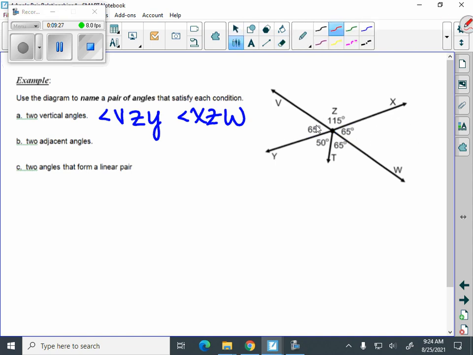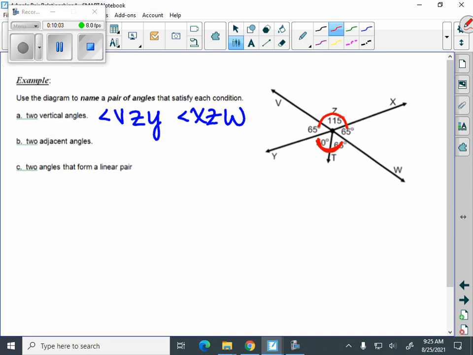If you look real close on this angle here, which is VZX, and VZX, let me see if I can do better there. Still a little bit of smartboard issue. Is the same amount as YZW. 65 plus 50 does add to be 115 degrees.